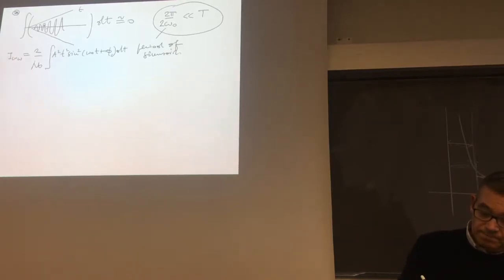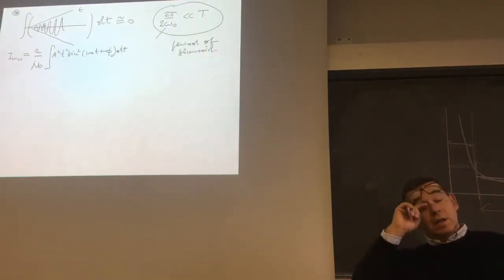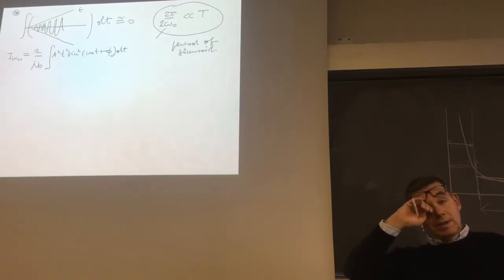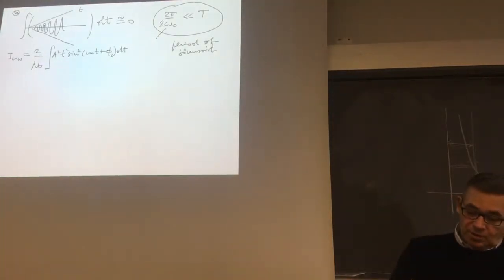Now, looking at this term, I have a sine squared. The sine squared is 1 plus the cosine of 2 omega, divided by 2.